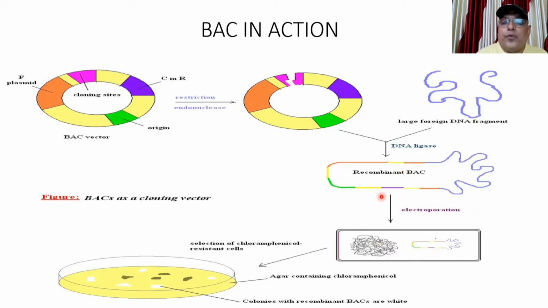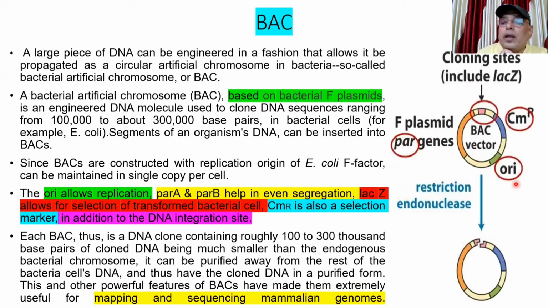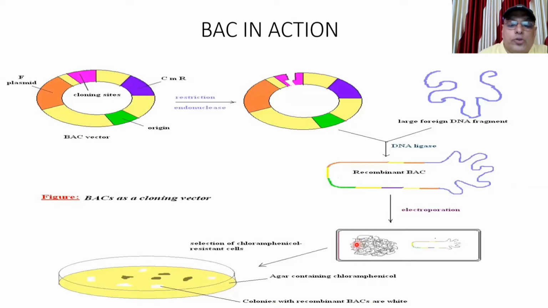So after transformation, after ensuring attachment of the desired stretch of the DNA, we can facilitate its entry into the cell, and we can identify these cells by agar containing chloramphenicol. So we had seen earlier that here the chloramphenicol resistance element is already there inside the bacterial artificial chromosome.